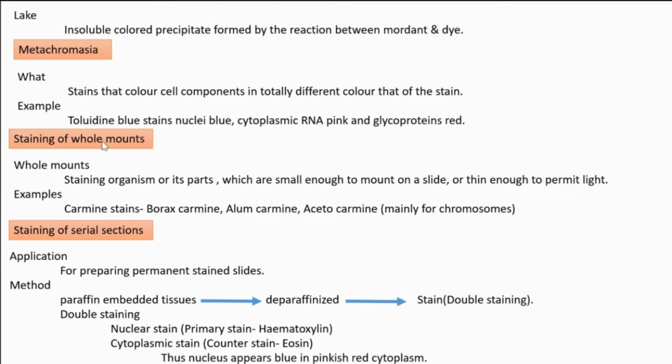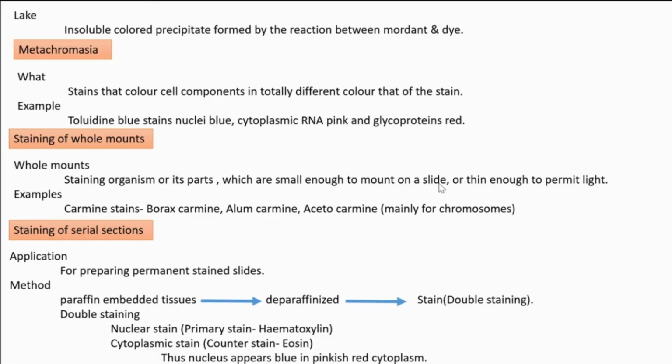Next, staining of whole mounts. Whole means complete, full. What is staining of whole mounts? Whole mounts mean staining an organism or its parts which are small enough to mount on a slide.